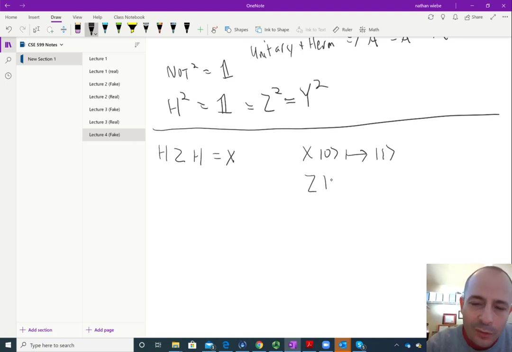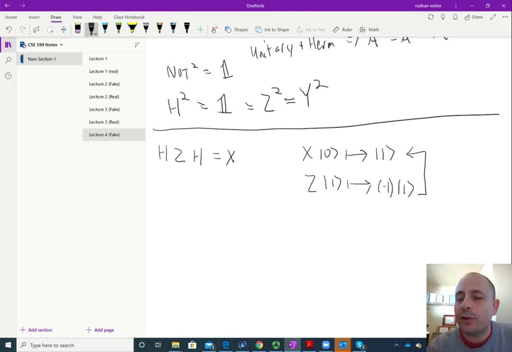Pauli Z, if you put a 1 in the input, ends up going to -1. So you can see this is kind of a phase flip, whereas the other one is a bit flip. So the Hadamard gate allows us to interconvert between storing the data and the operation that we want in the bit value versus the phase value.